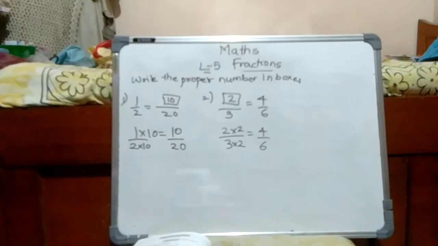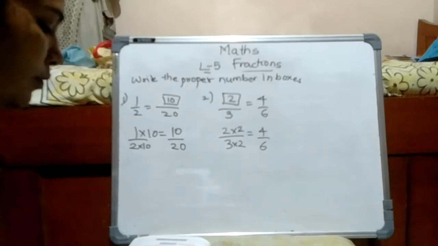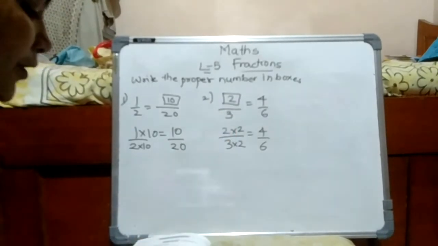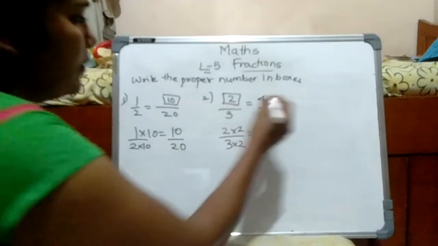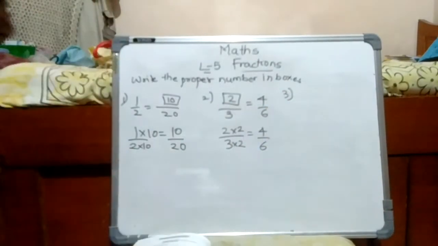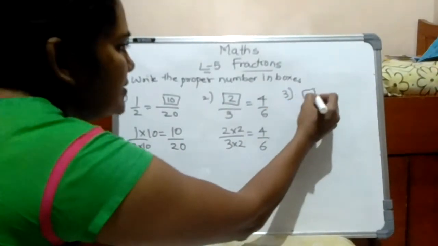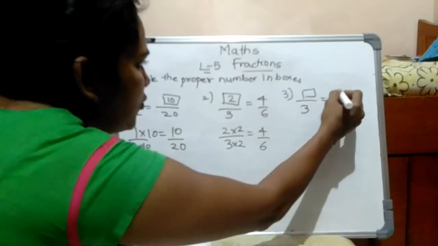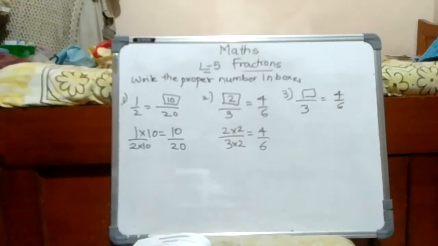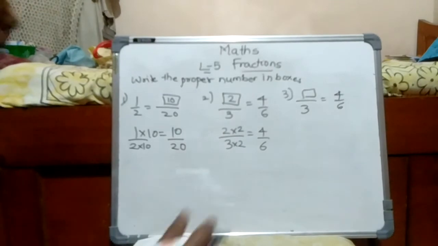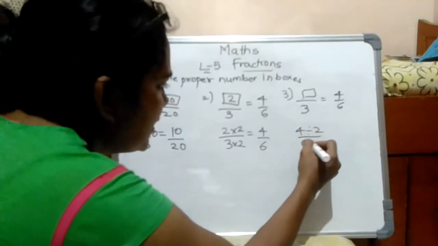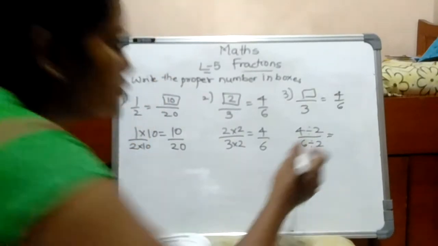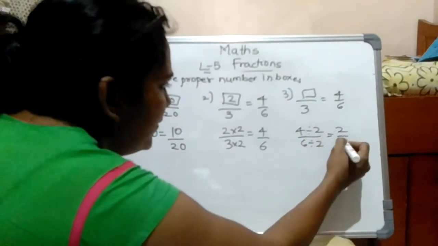Now one division type also we will do. This same problem, if we take it in the division form: box divided by 3 equals 4 upon 6 divided by 2, so it equals 2 upon 3.